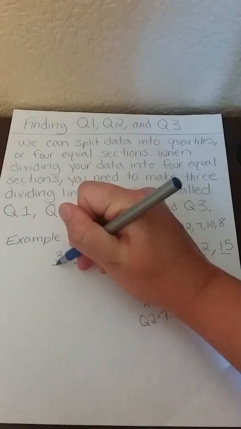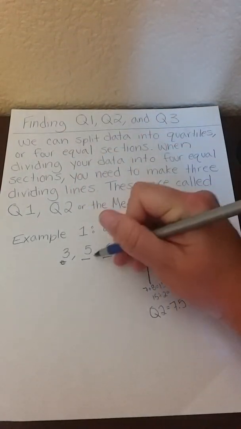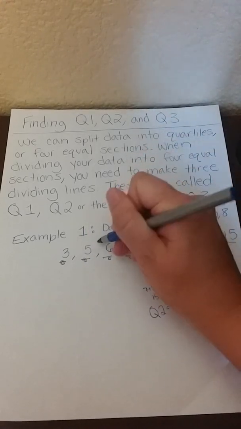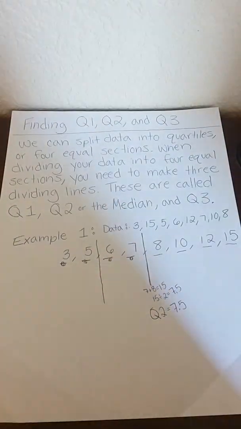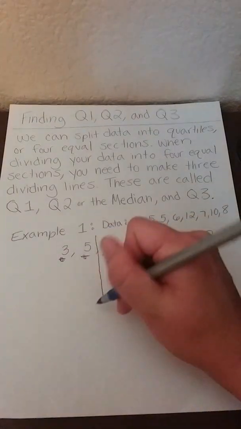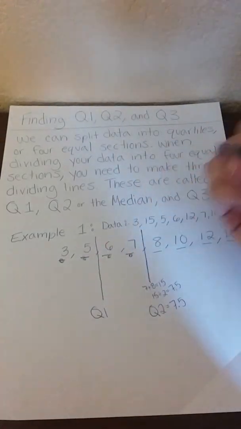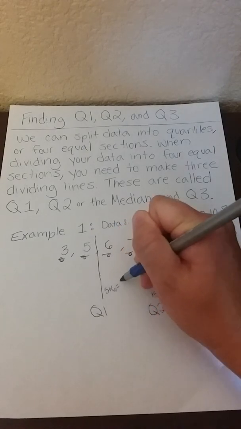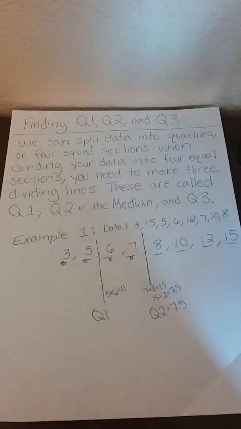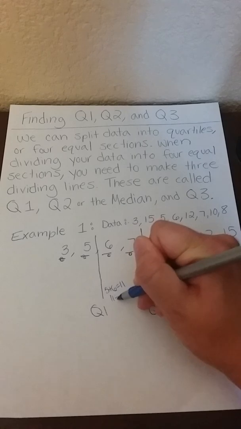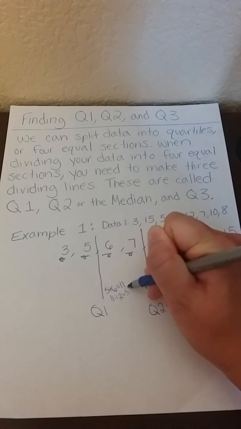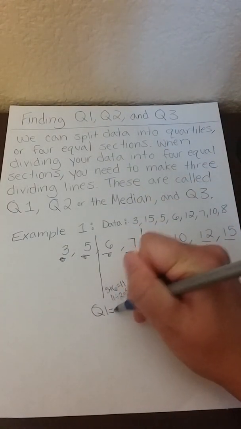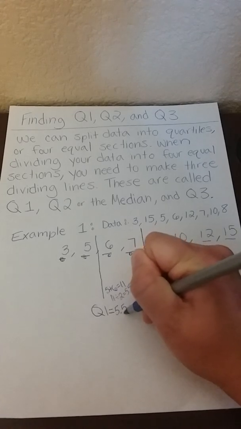So when I look at these numbers, going from the outsides in, the middle is right here, in between 5 and 6. That would be Q1. Because it's in between two numbers, I had to add them and divide by 2. So 5 plus 6 is 11. 11 divided by 2 is 5.5. So Q1 in this situation is 5.5.